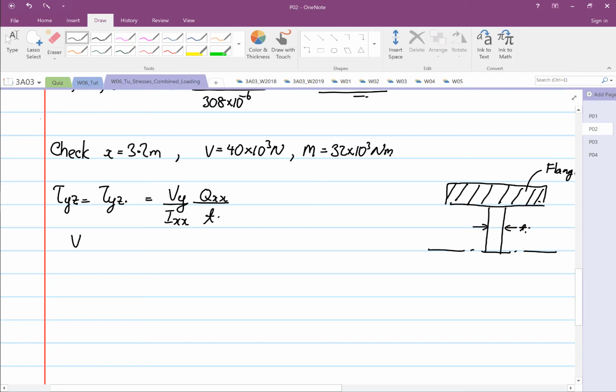So we know that Vy is equal to 40 times 10 to the power 3 Newton. IXX, we got that value earlier, which is equal to 40 times 10 to the power minus 6.